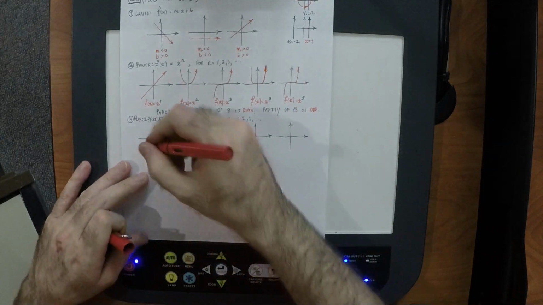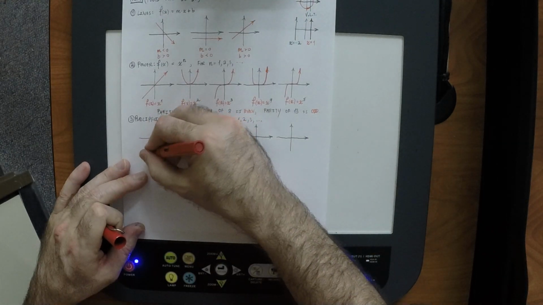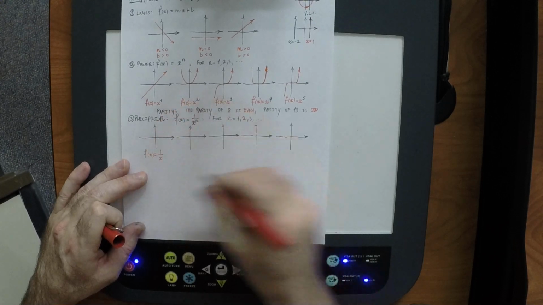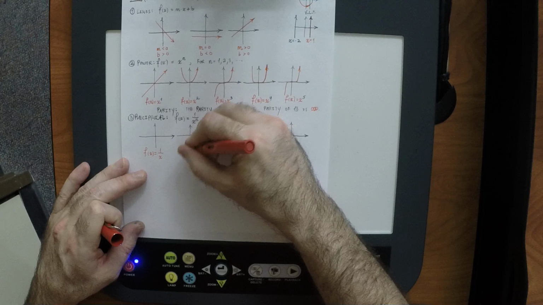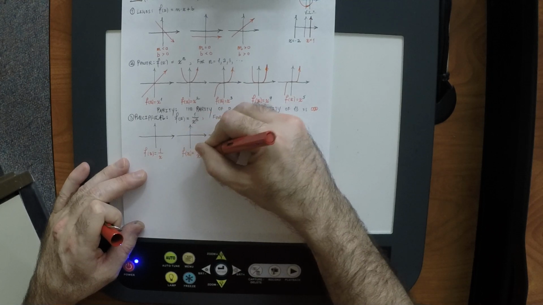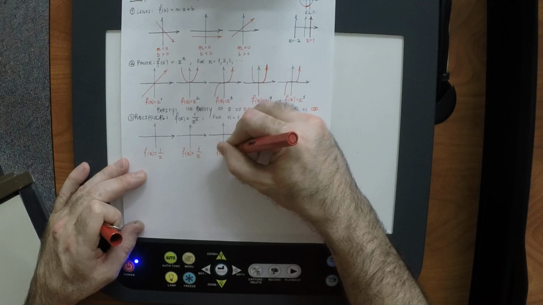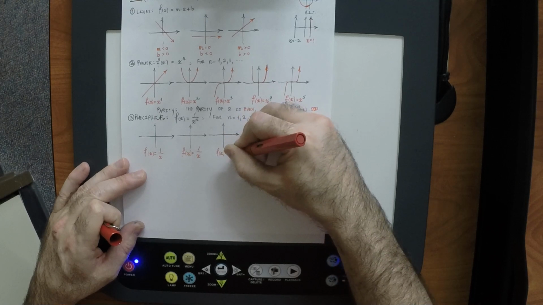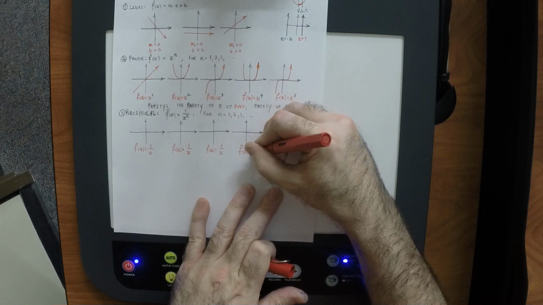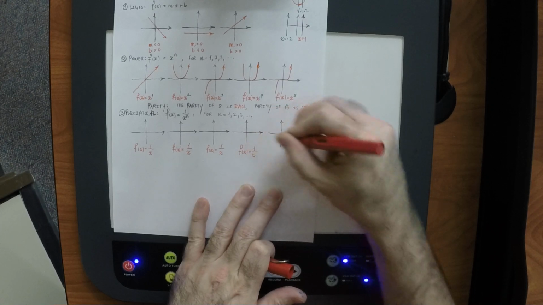And we're going to do f of x is 1 over x to 1, but I'm going to come back and write the exponents in green. So f of x is 1 over x to 2. F of x is 1 over x to 3. F of x is 1 over x to 4.